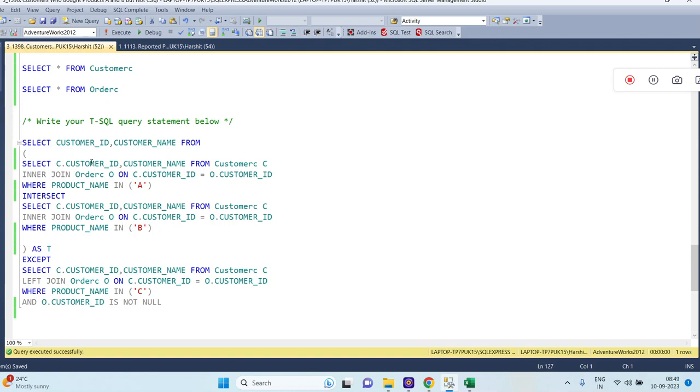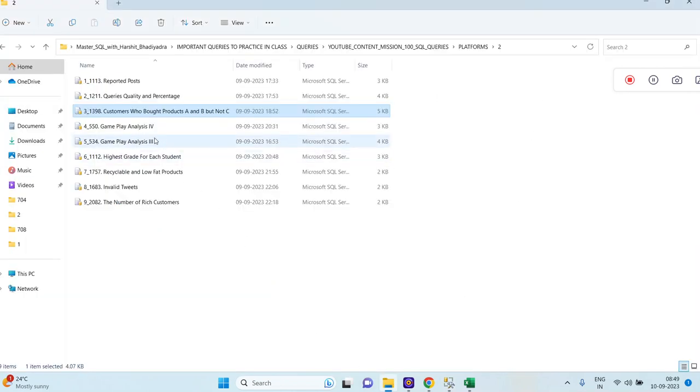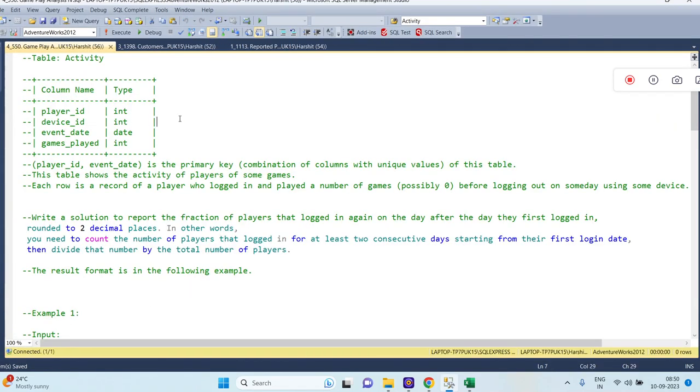So let me jump to the next question. Here they have given us the activity table. In the activity table, the player ID, device ID, event date and games played columns are given. Player ID and event date is the primary key, a combination of columns with unique values in this table.